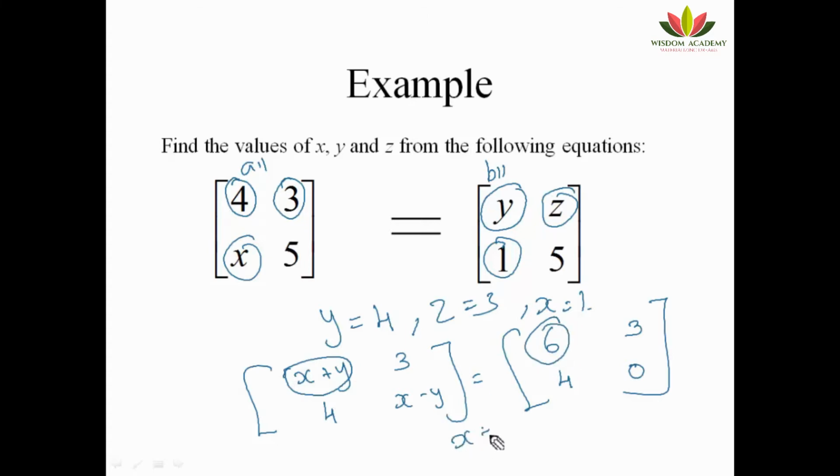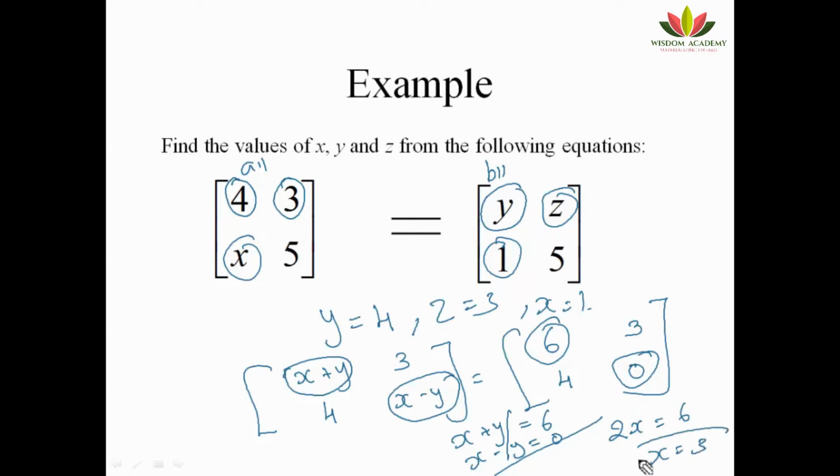So x plus y will be equal to 6. Similarly, x minus y will be 0. Now we formed a pair of linear equations. Whatever method you know, you can solve it. You can get 2x is equal to 6, so x will be equal to 3. If x is equal to 3, what is the value of y? y will also be equal to 3. So this is how the equality of matrices works.